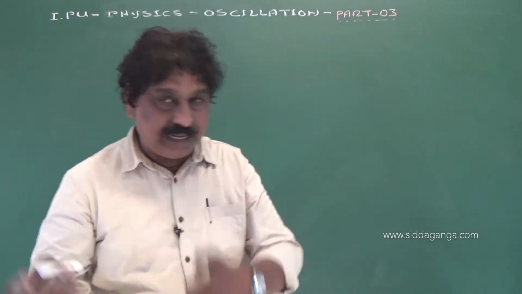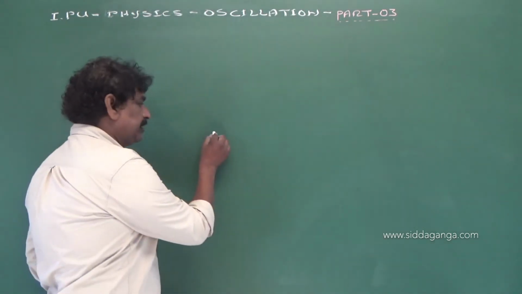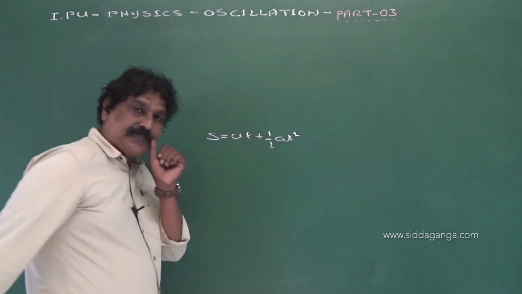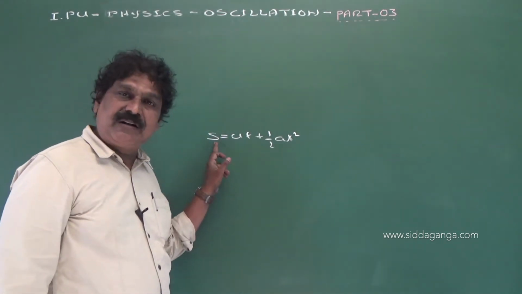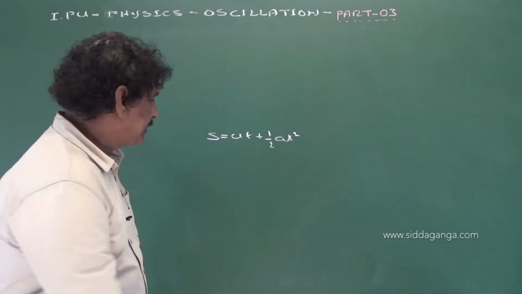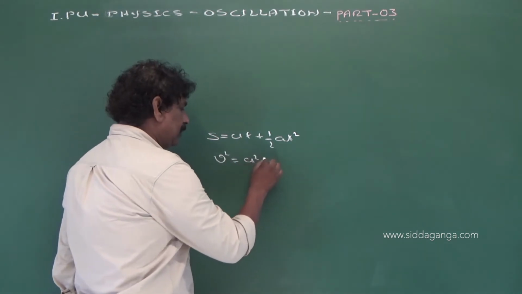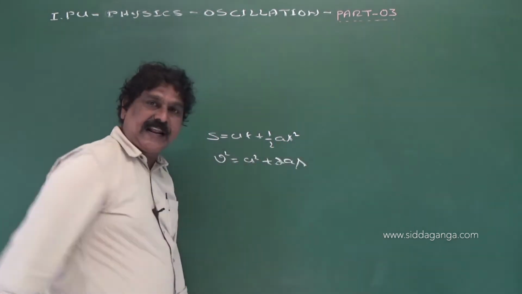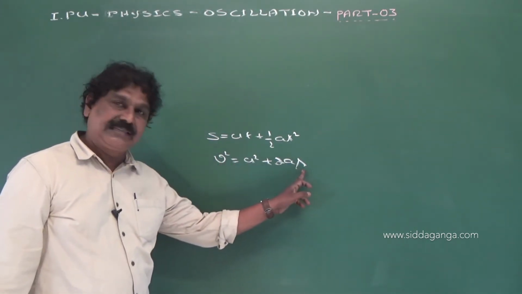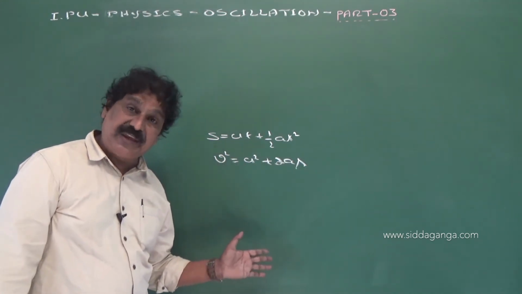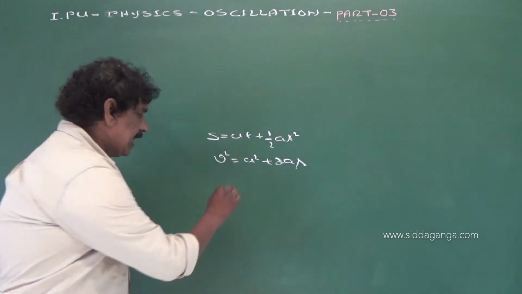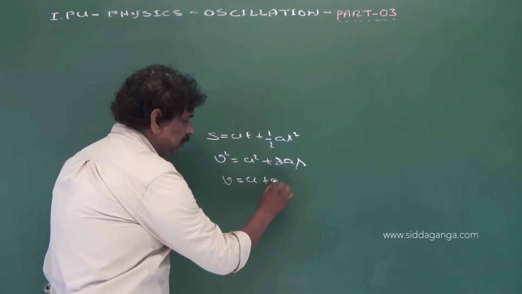For example, in a linear motion, we have this equation, s is equal to ut plus half at square. That gives displacement of a particle at any instant of time t in terms of initial velocity and acceleration. We have v square is equal to u square plus 2as. This gives the velocity of a particle v when displacement is s, and we also have v is equal to u plus at.